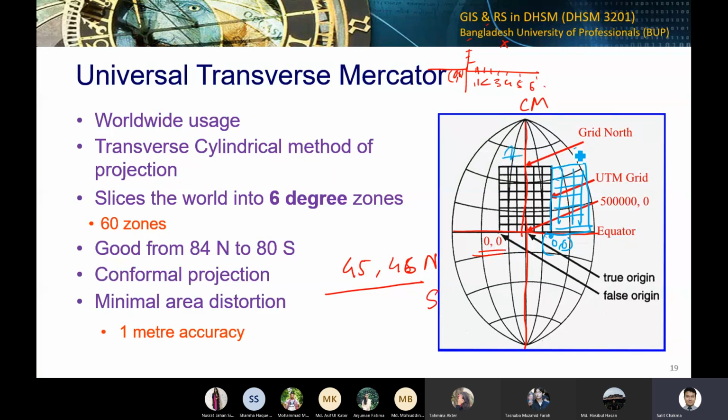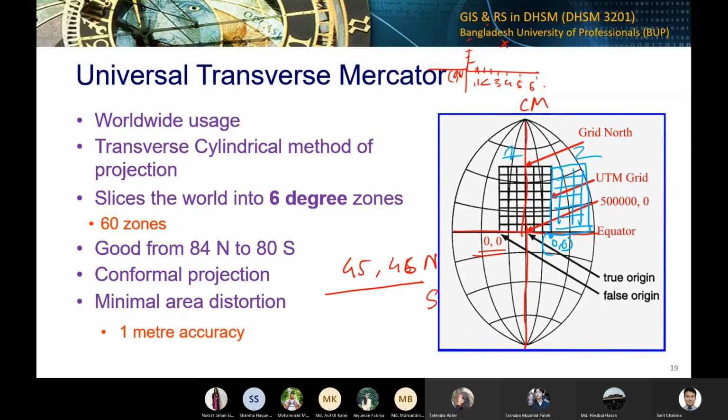If this is zone 1, this is zone 2. Zone 2 has its own false origin, and zone 1 has its own false origin. As a result, this zone is independent of the calculation of that zone, right?